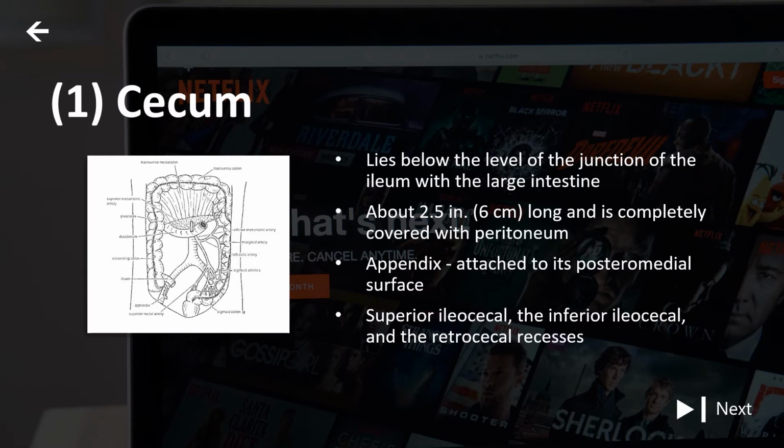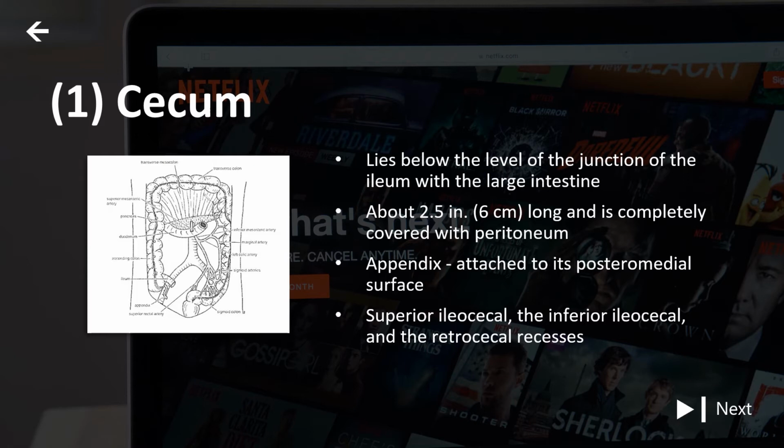Cecum. The cecum is that part of the large intestine that lies below the junction of the ileum with the large intestine. It is a blind-ended pouch that is situated in the right iliac fossa. It is about 2.5 inches or 6 centimeters long and is completely covered with peritoneum.